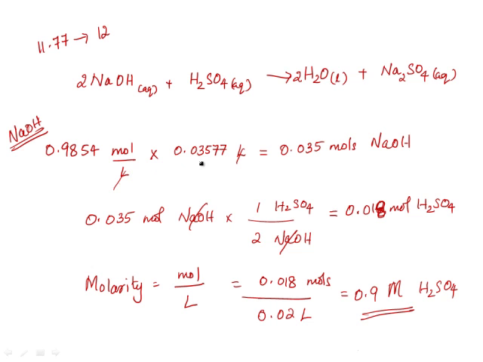All you need to do is multiply the two quantities and you get the number of moles of the base. Then looking at the balanced equation, using the mole ratio, figure out how many moles of acid you need. The volume will be given to you in the problem, like the 20 ml. Once you get the number of moles, moles per liter is molarity. That will tell you the molarity of the other species.